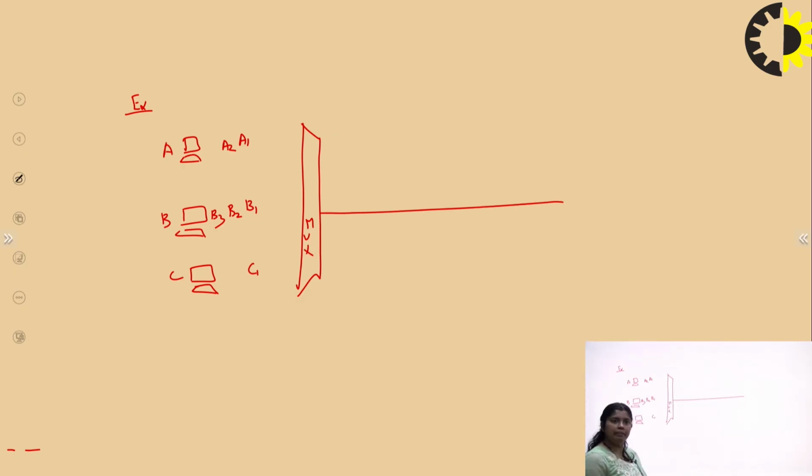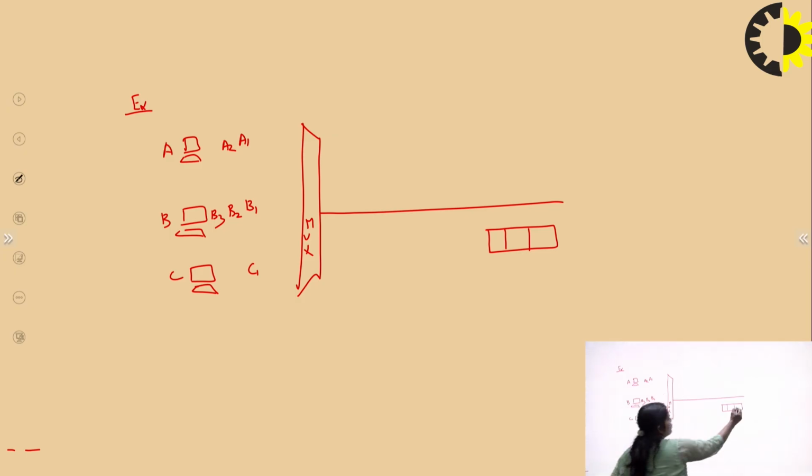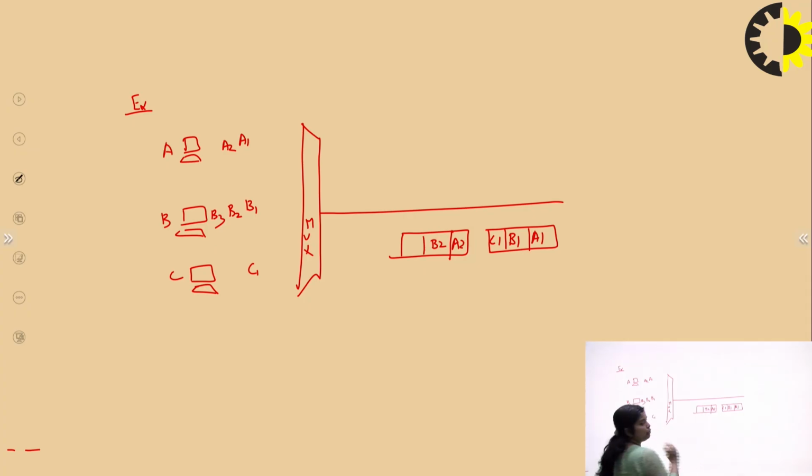In this particular time, I am taking 3 time frame slots. The first is for A1, the second is for B1 and next is C1. Next there are A2 and B2, and C2 is not present.